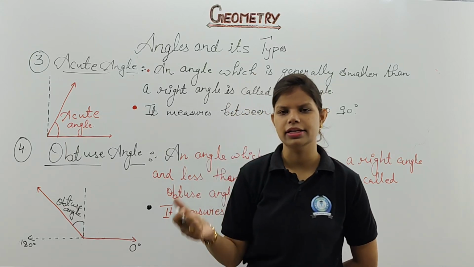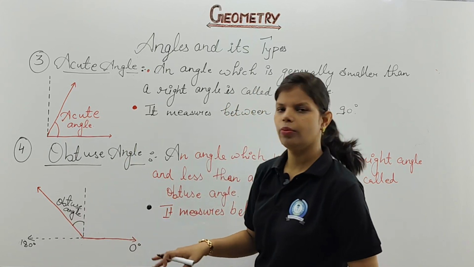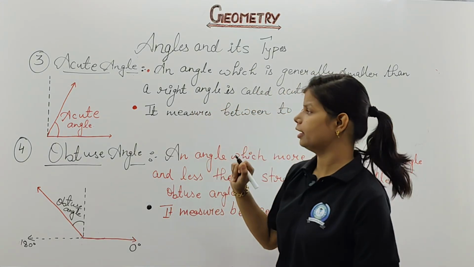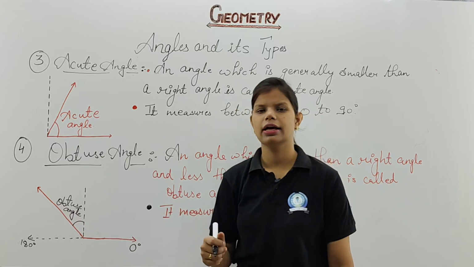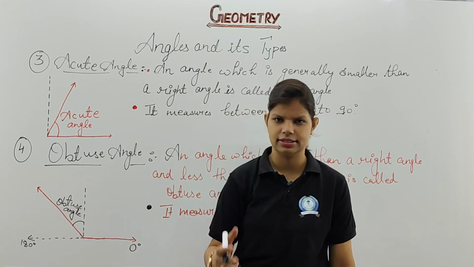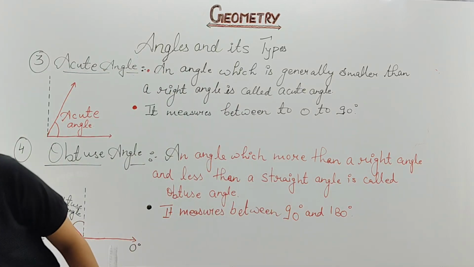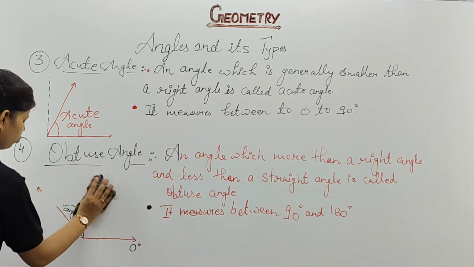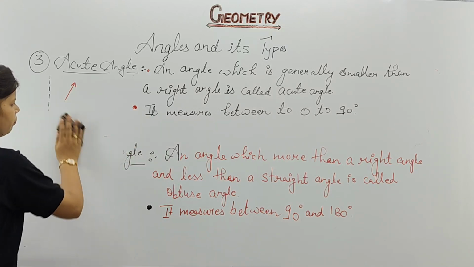The things you have to remember: right angle 90 degree, straight angle your 180 degree, third is your acute angle, more than 0 and less than 90, and last obtuse angle will be more than 90 and less than 180. Now children, we are going to discuss at least one question on how to draw an angle with the help of protractor. Clear? So start revising from here.